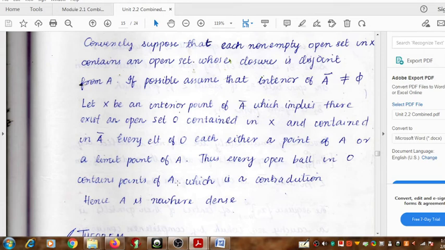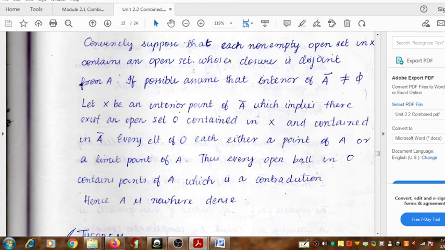Suppose an element of O is a member of A, then it can be a member of an open ball.